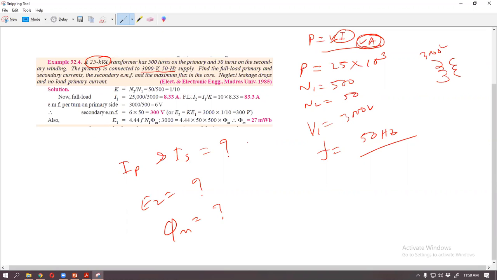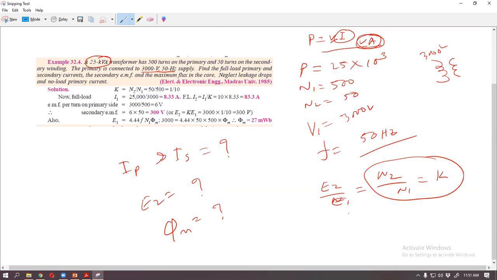Okay, so already you know that our transformation ratio E2 by E1 is equal to N2 by N1 is equal to K. So this is the another part.